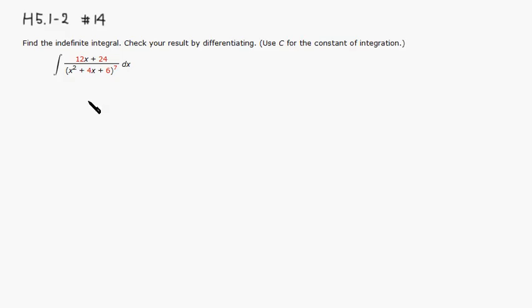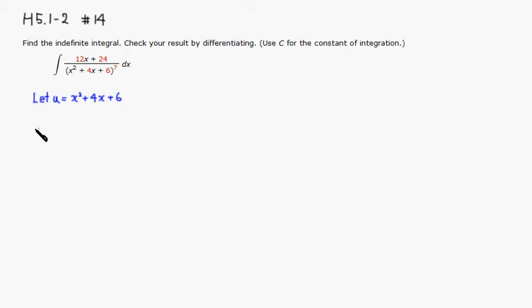In this case, I'm going to let u be the expression inside the parentheses, so let u be x squared plus 4x plus 6.